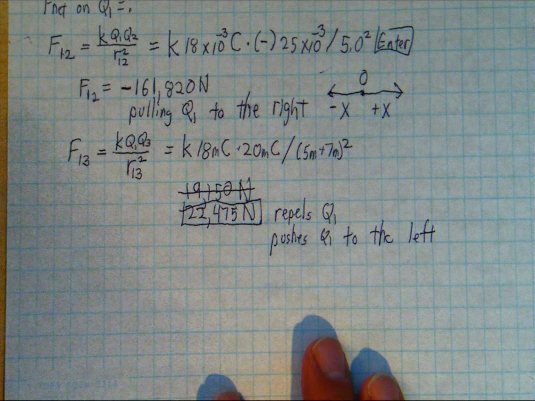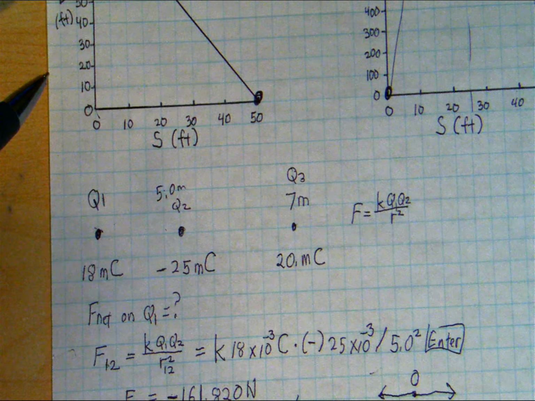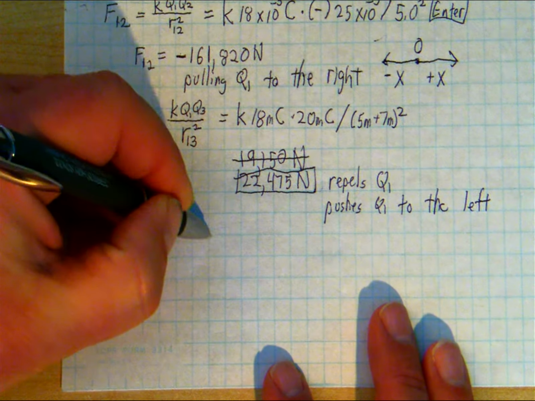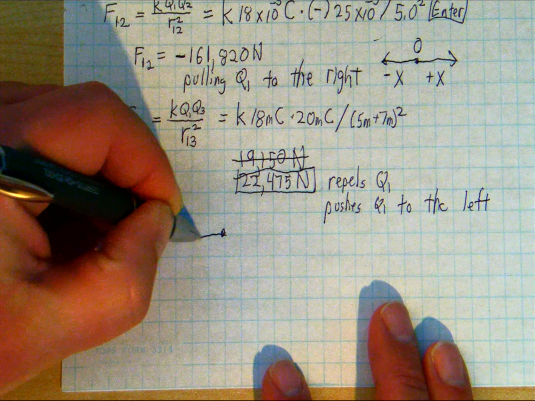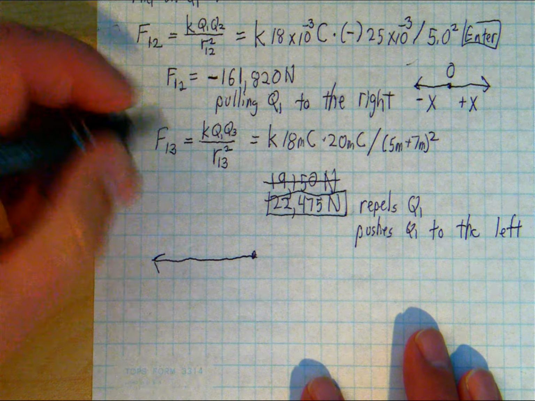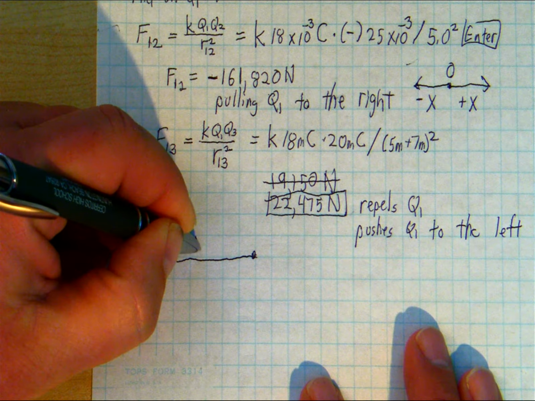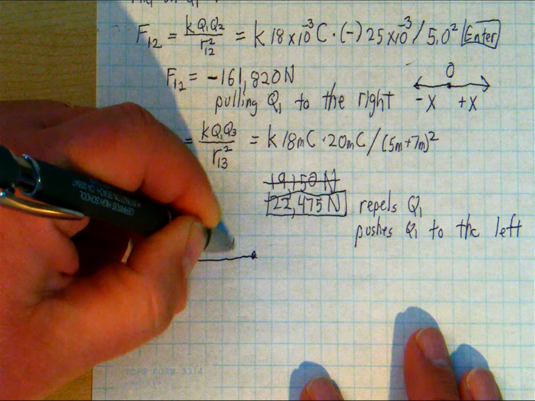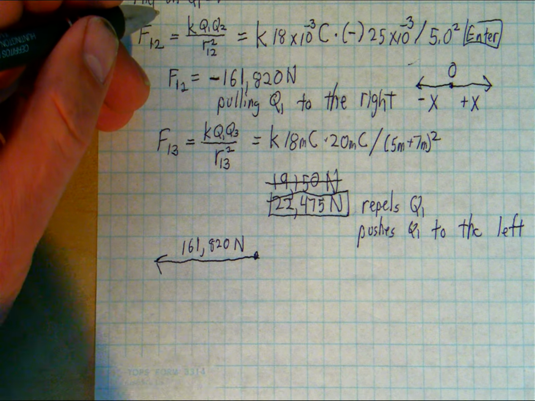Now, I've gone through all the charges. It's time to tally up what's going on. I'll do it visually a little bit, not to scale very much. I've got 161,820 newtons. I did that wrong, didn't I?